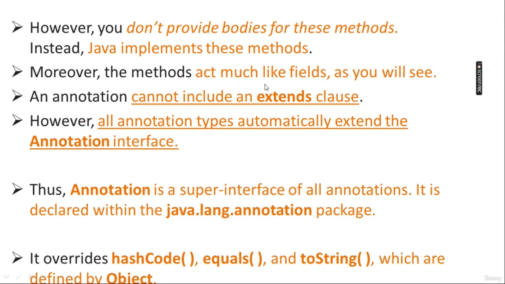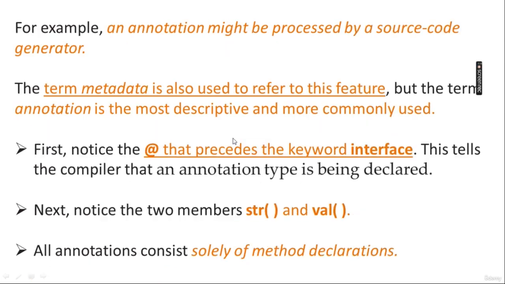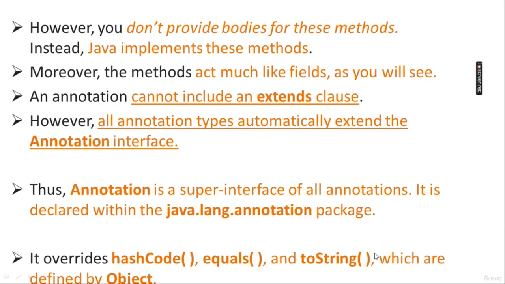Moreover, the methods act much like fields, as you will see. So first, you don't provide bodies, and second, all the methods act much like fields, as you will see in the upcoming slides.